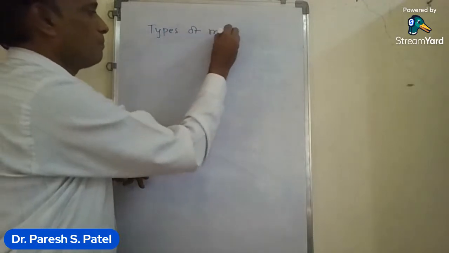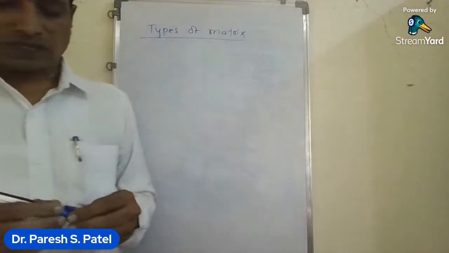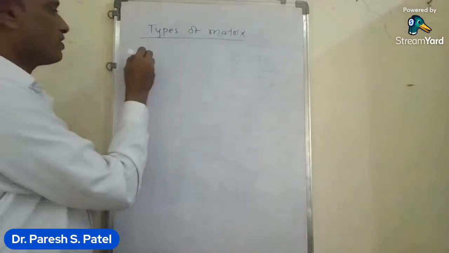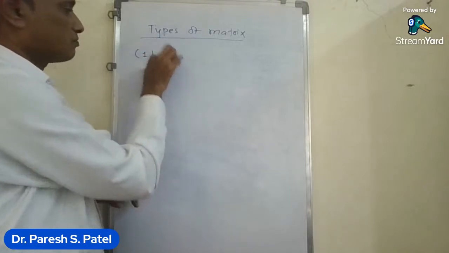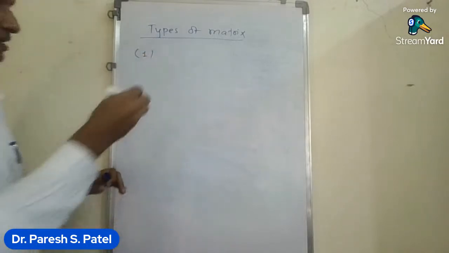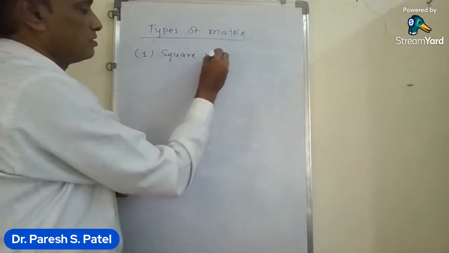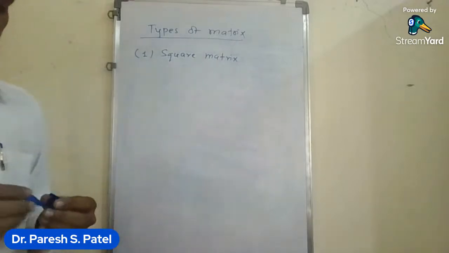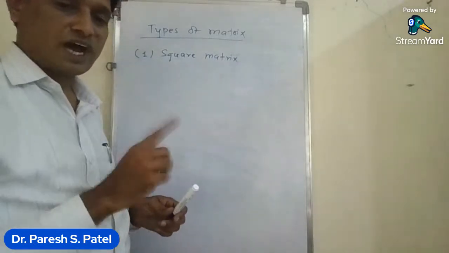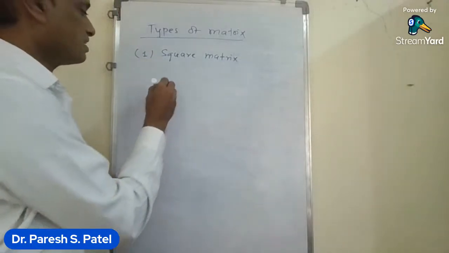Types of matrix. Matrix can be classified as, first one is square matrix. If the number of the rows and the number of the columns are equal, then that matrix can be represented as a square matrix.